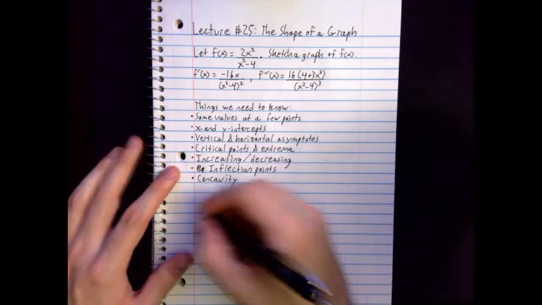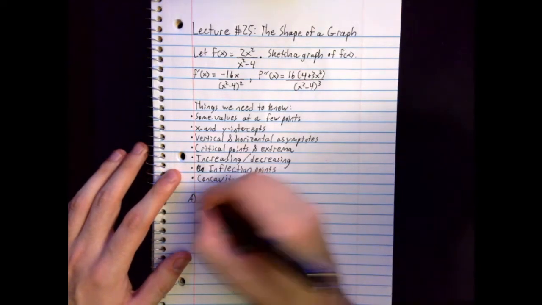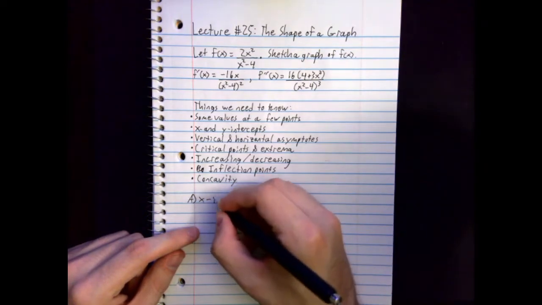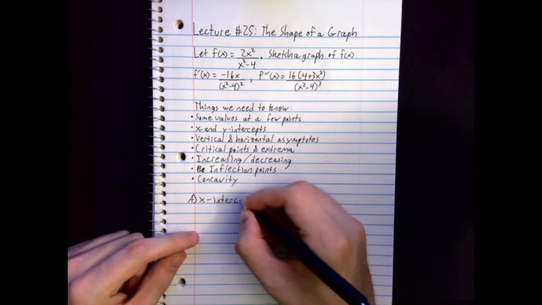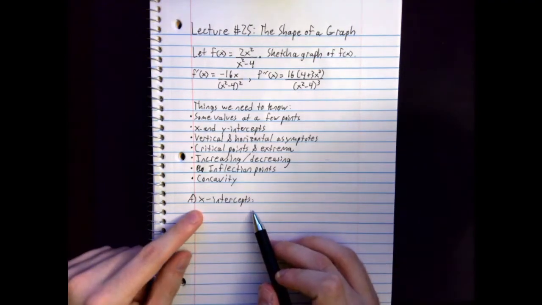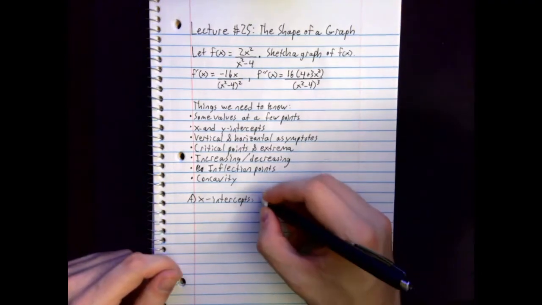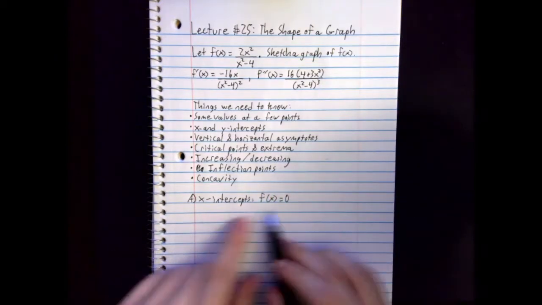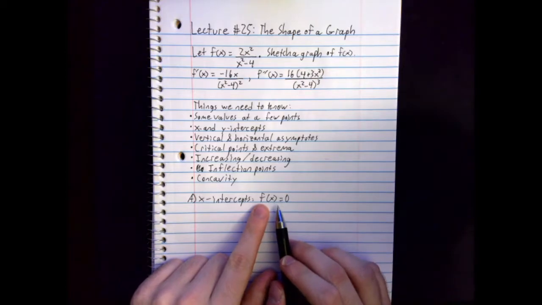X and Y intercepts, so maybe we'll do an enumeration here. So A, we'll do the x-intercepts first. For the x-intercepts, I want to figure out where the function is equal to 0. So the x-intercepts are all the values of x for which this is true.